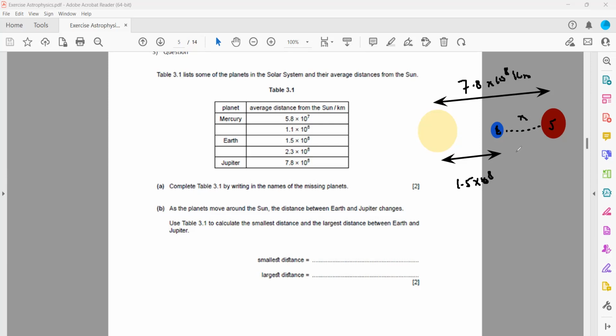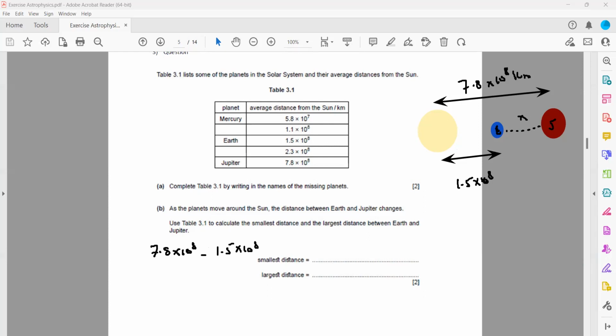How can I find this minimum distance? By simply subtracting their average distances from the sun. That's right. So it will be 7.8 into 10 to the power 8 minus 1.5 into 10 to the power 8.